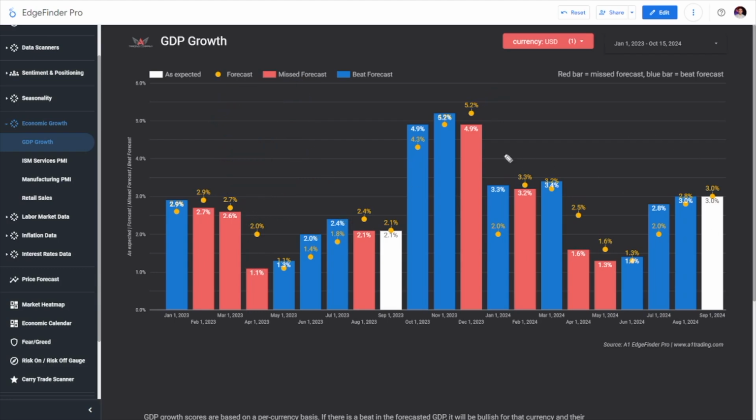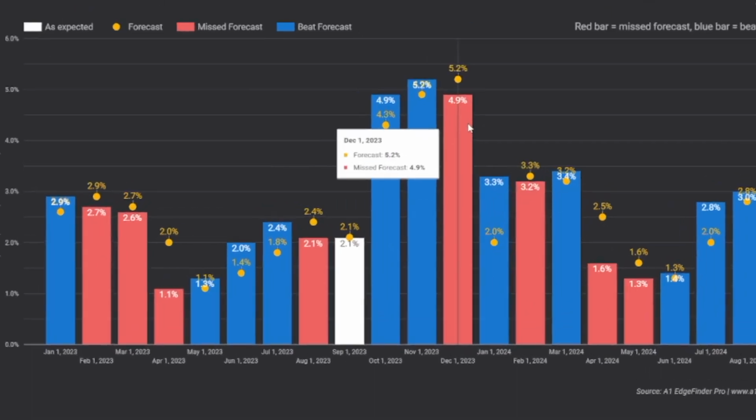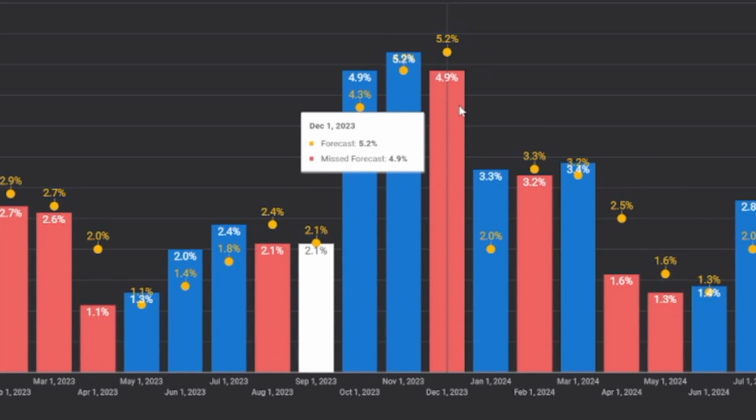When we look at this, what we can see is that stronger GDP growth is certainly going to impact things. But I want you to narrow in, and we can zoom in here on the edit if you don't mind, Chandler. Thank you very much. If we take a look at this yellow dot versus this red bar, what is this actually telling us? Well, the EdgeFinder focuses very heavily, when it comes to economic data, on forecasts versus the actual numbers that were reported.